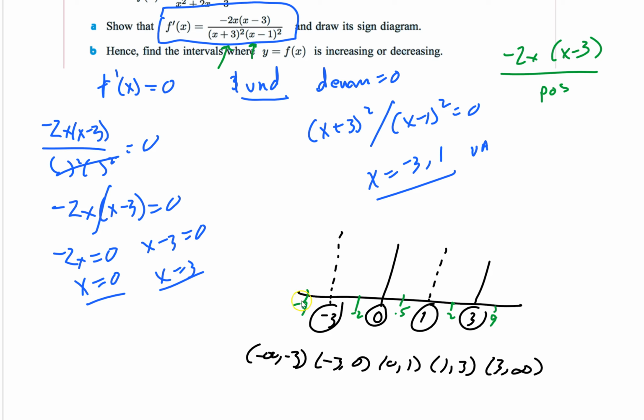For the first one, negative 4: you plug a negative into here, you're going to get a positive, because a negative times a negative. Plug negative 4 into there, negative 4 minus 3, you get a negative. Positive times a negative is a negative, so negative. Negative 2, again, another positive here. Plug negative 2 into there, negative 2 minus 3, also a negative.